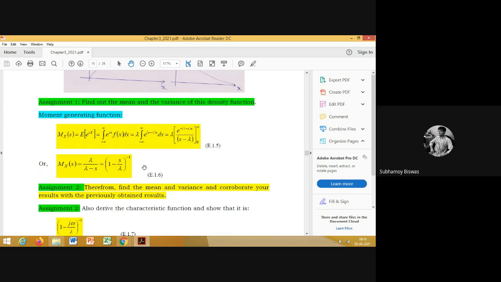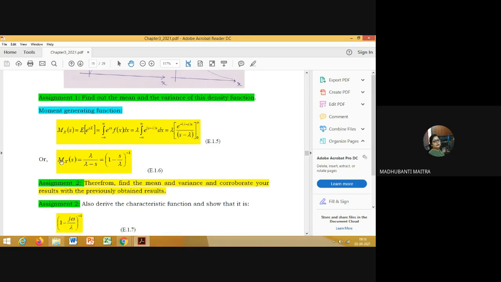Yes, ma'am, it's coming. So this is the value. Now take the first derivative of this one. From this moment generating function, now we'll try to find out the expected value. So for that, you'll have to take the first derivative of the moment generating function with respect to s, and you'll have to evaluate the first derivative when s equals 0.